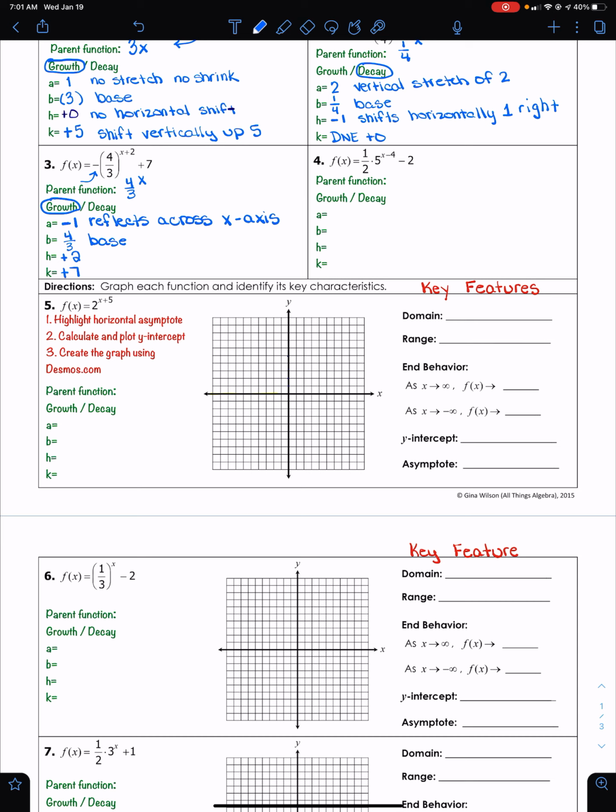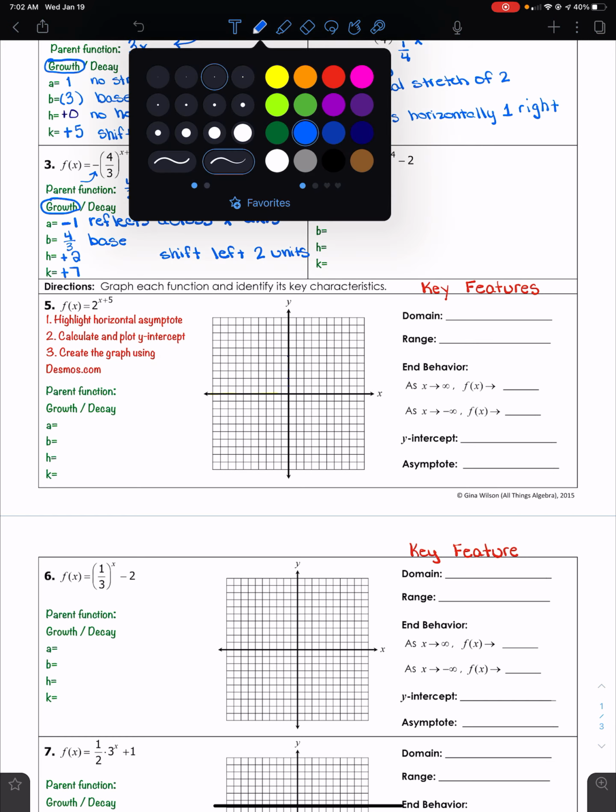2 is going to be a vertical shift or a vertical translation. Opposite of what we think, so left 2 units. And then we have +7, which is I need to correct that, guys. This isn't a vertical shift. This one is a horizontal shift.